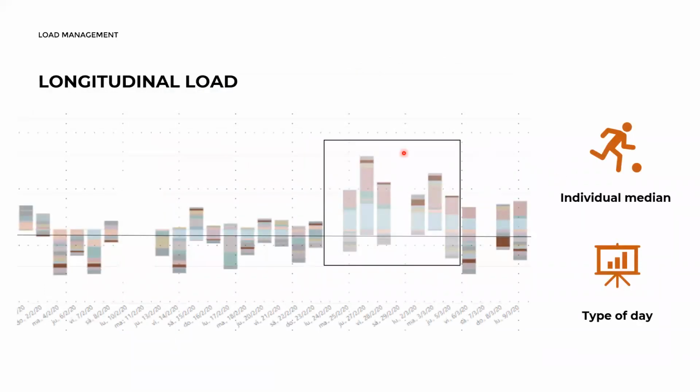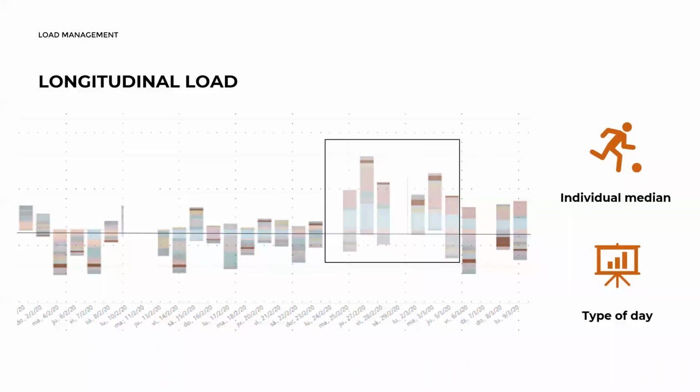And here we have another type of visualization that lets us understand the change against oneself from a longitudinal perspective. For example, these days, almost all players have higher load than the individual median for each specific type of day.